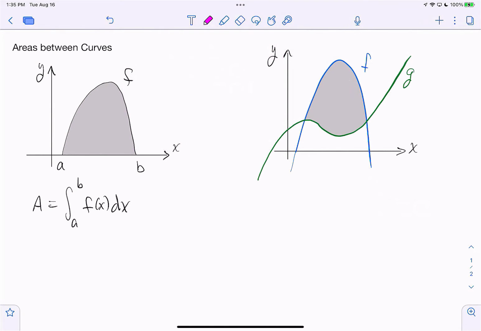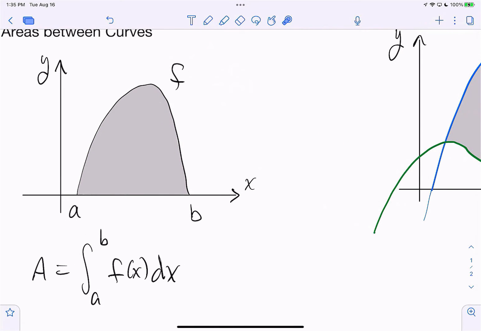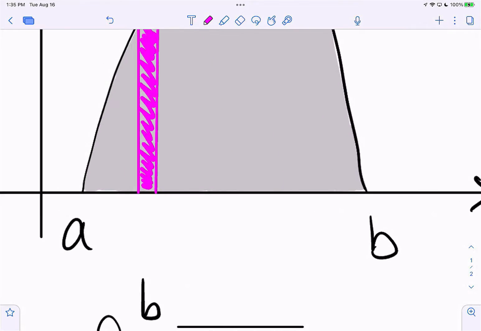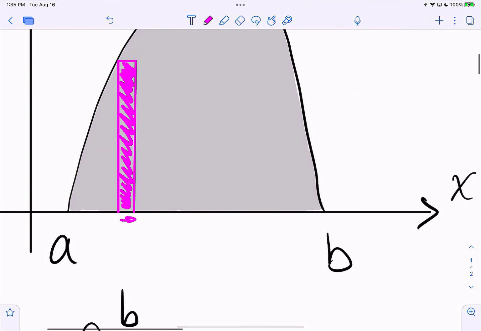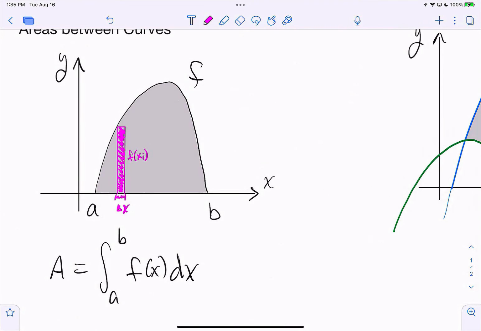In order to develop what's going on with that, let's look back here at the area under f. Remember that we started out looking at area as based on areas of a bunch of rectangles. And each of the rectangles had a width of delta x and a height that was, say, f of x sub i.